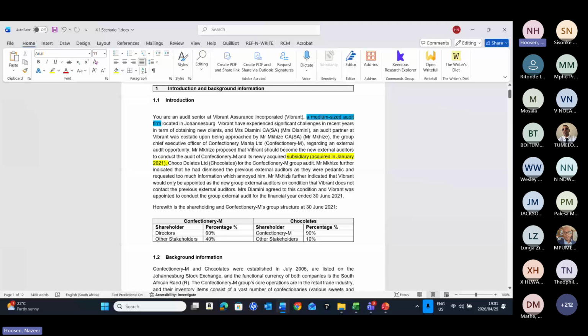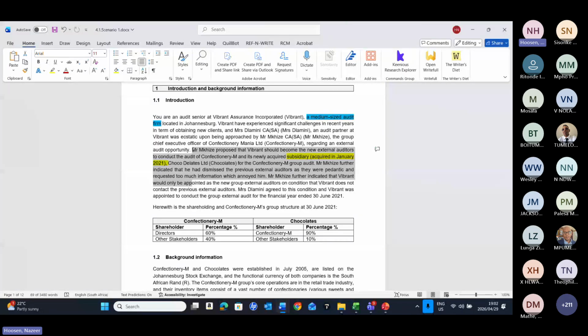Mr. Mkhize proposed that Vibrant should become the new external auditors to conduct the audit of Confectionery and its newly acquired subsidiary, acquired in 2021, Chocolates, for the Confectionery Group audit. Mr. Mkhize further indicated that he had dismissed the previous external auditors as they were pedantic and requested too much information, which annoyed him.